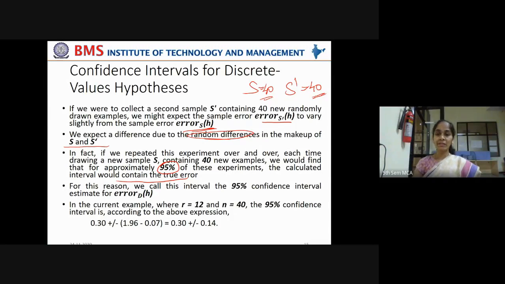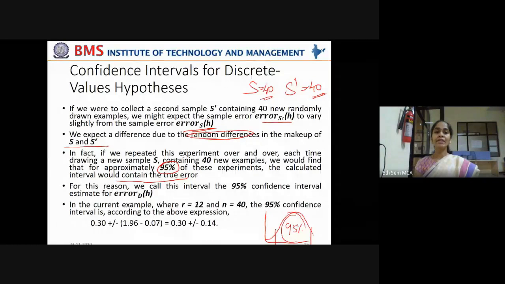What do we mean by this? If you repeat this experiment again and again for different samples, in 95% of these experiments, the calculated interval would contain the true error.